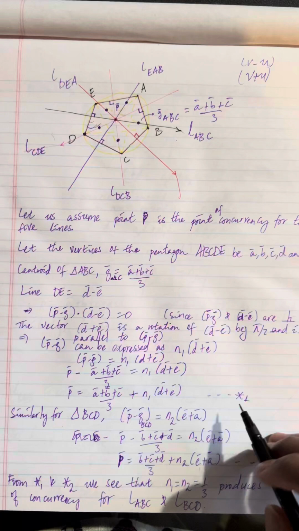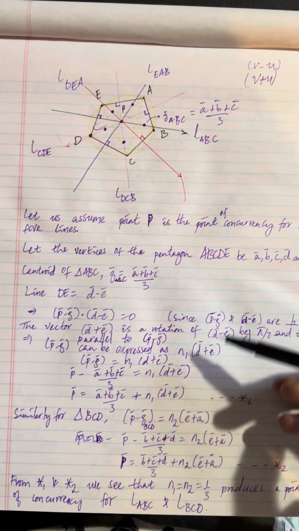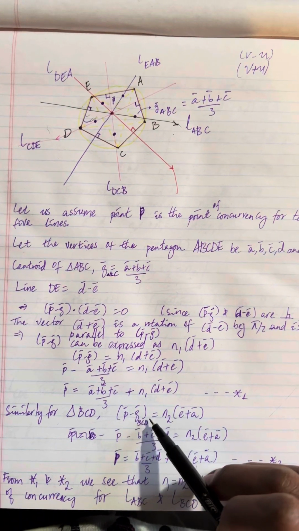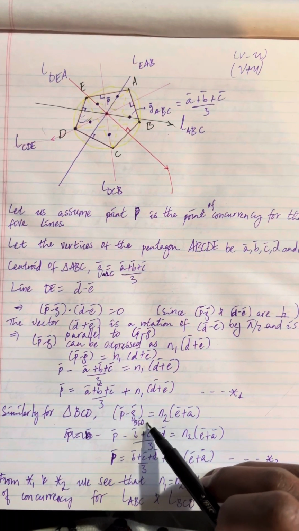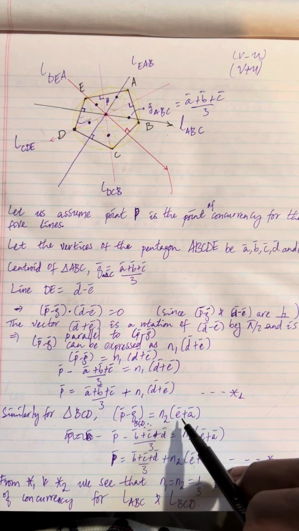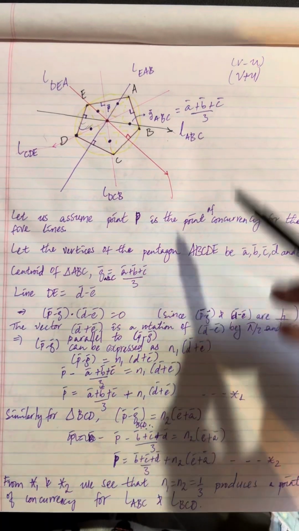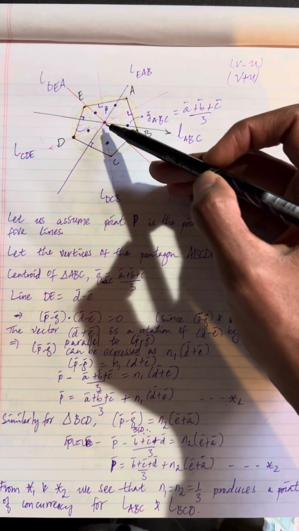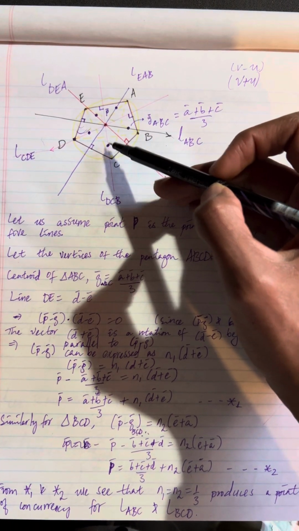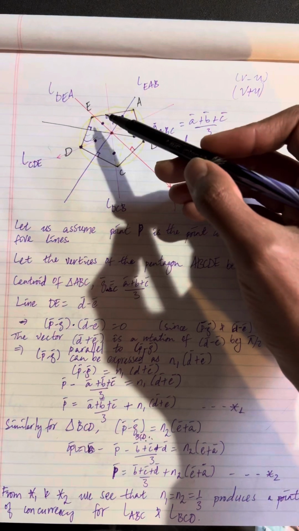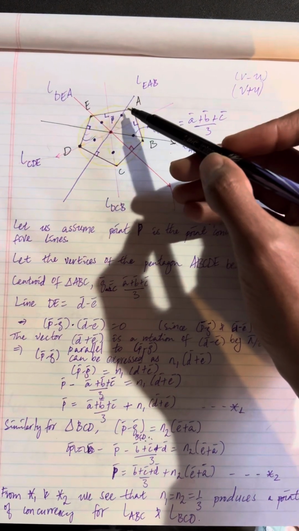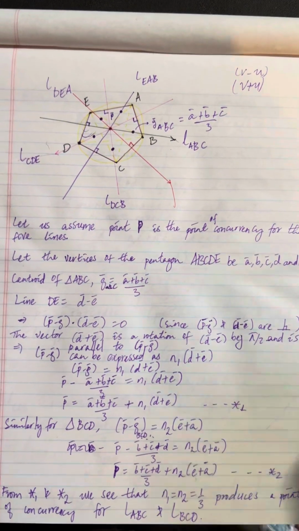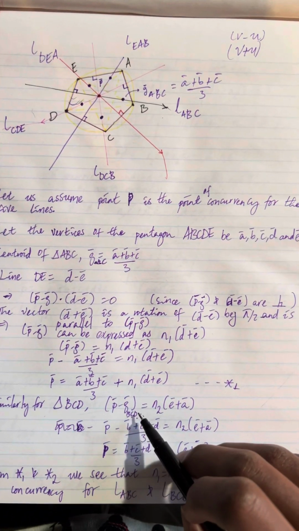Okay, so that's good. Let's just repeat the process for the triangle BCD. P minus the centroid for the triangle BCD is parallel with the 90-degree rotation of the line segment EA. So EA and PG are perpendicular, but if you were to rotate the EA vector by 90 degrees, it then becomes parallel to P minus GBCD.